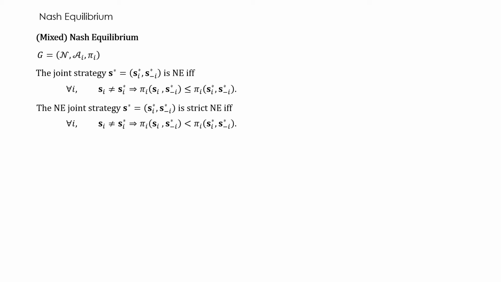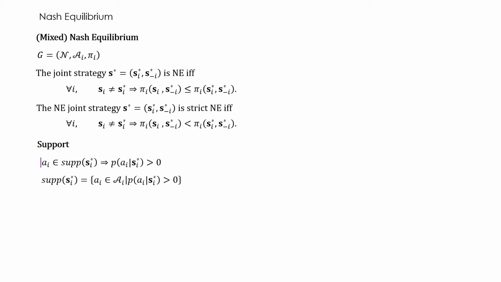And furthermore, replacing the less than or equal to sign with a strict less than sign, we get the definition of a strict Nash equilibrium. Note that a pure Nash equilibrium is a special case of mixed Nash equilibrium. And we've already seen the definition of a support.